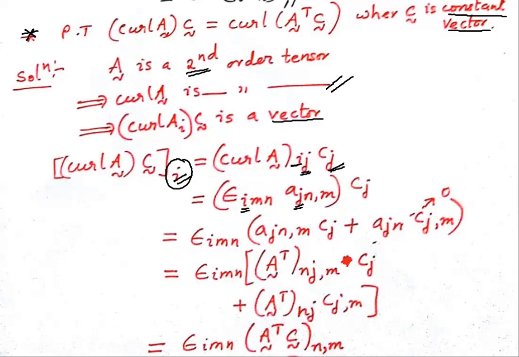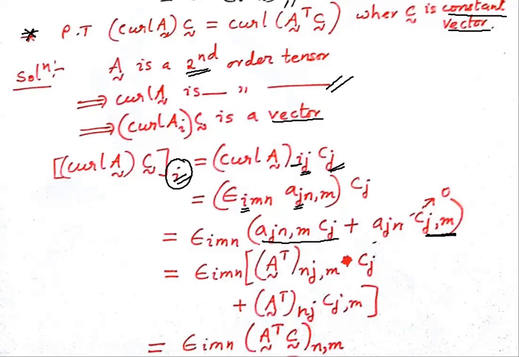Now, Cj as it is is outside. Epsilon imn we will take outside. Now, what is the remaining? Remaining I am writing: A jn comma m, Cj as it is, plus I am adding a term which is nothing but A jn, Cj comma m.